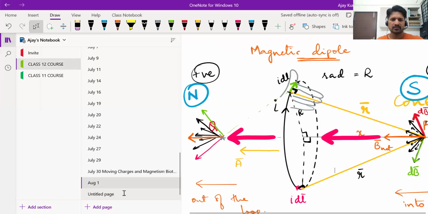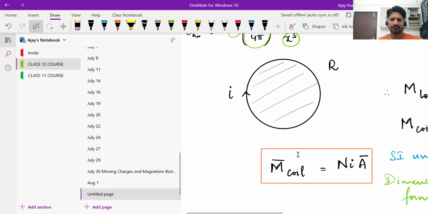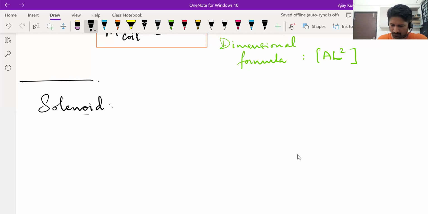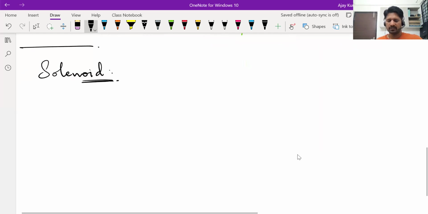Now there is a system called a solenoid. Solenoid is basically, you can say it's like a spring itself. It's a tightly wound spring. So you can imagine something like this.